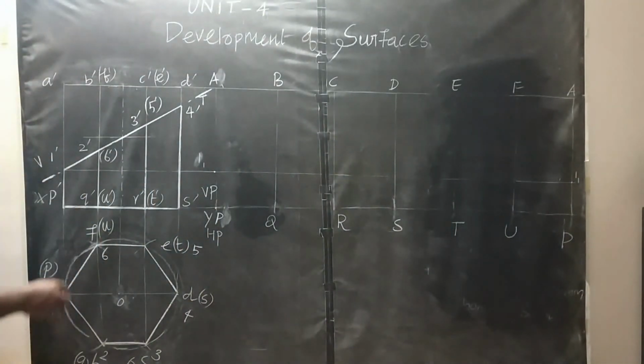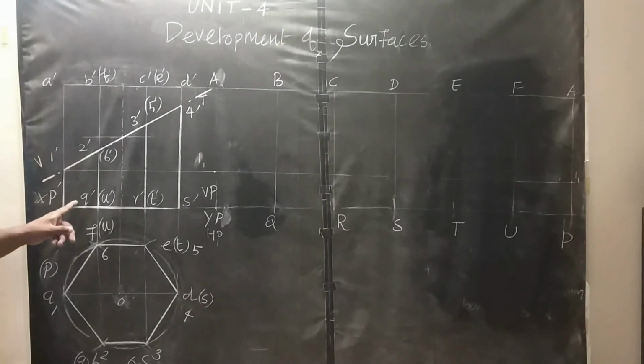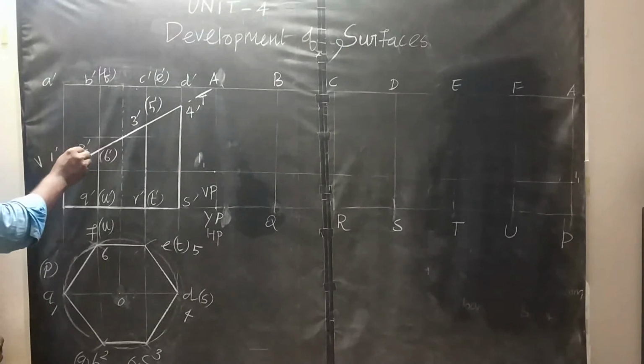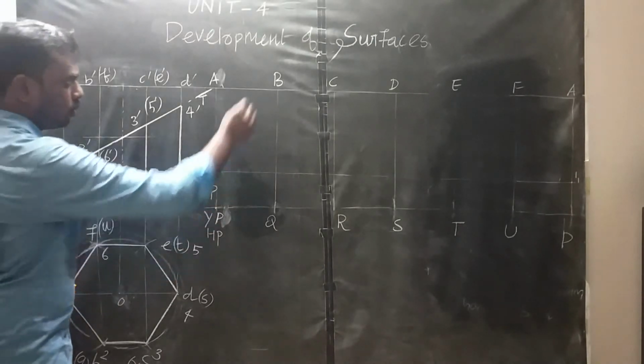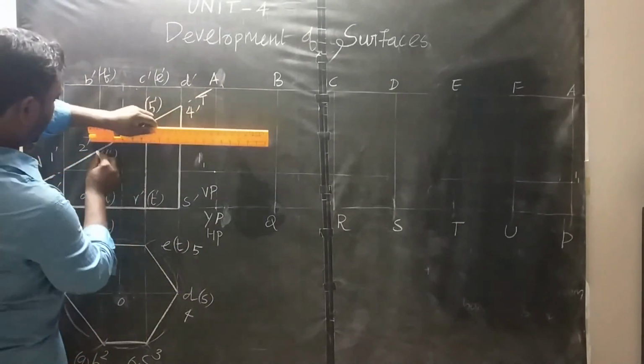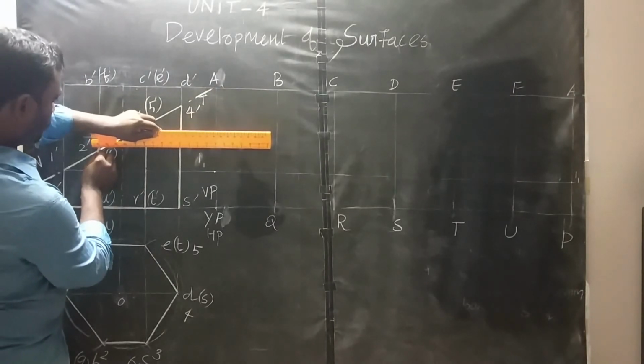Then next, see here point number 2 dash on the Q dash B dash lateral edge. Here the point number 2 lies on the B dash and Q dash lateral edges. So point 2 dash project up to QB.